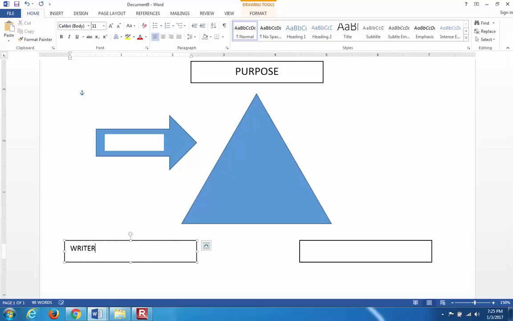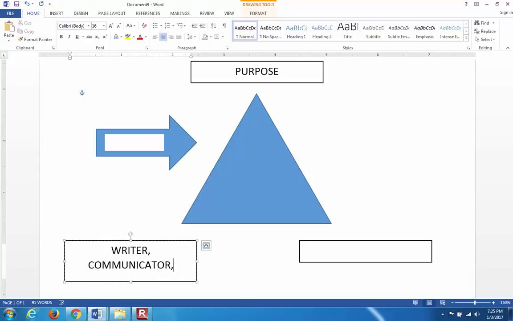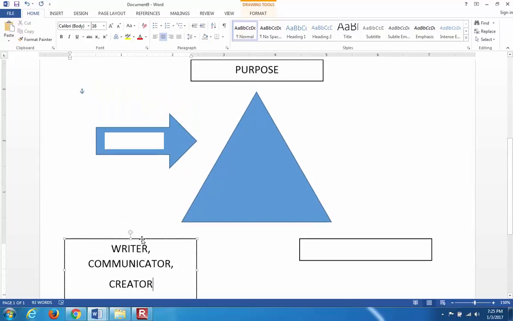Then here we would have the writer. Although as we get into different types of communication, it could be writer, communicator, could even be the creator if you're making some type of multimedia presentation. This would be you. This is you in the situation.